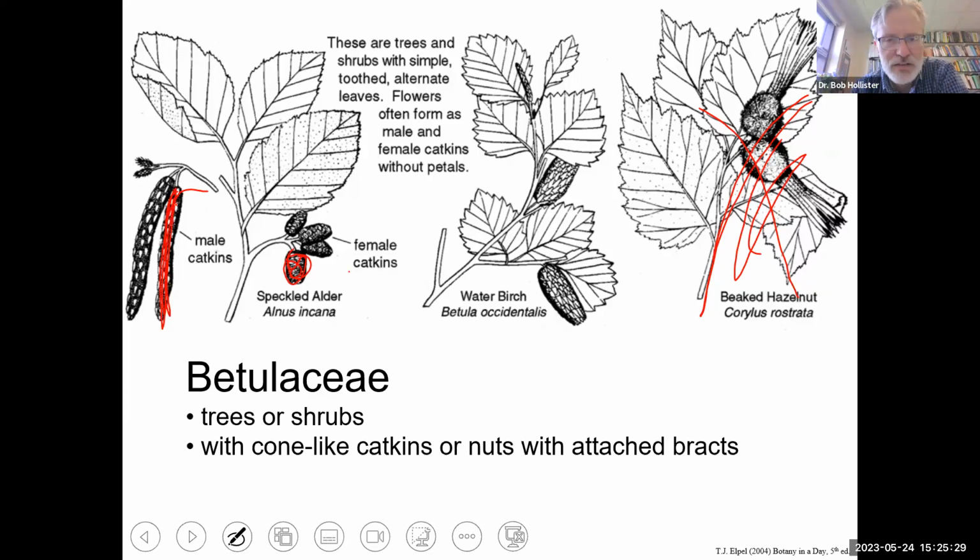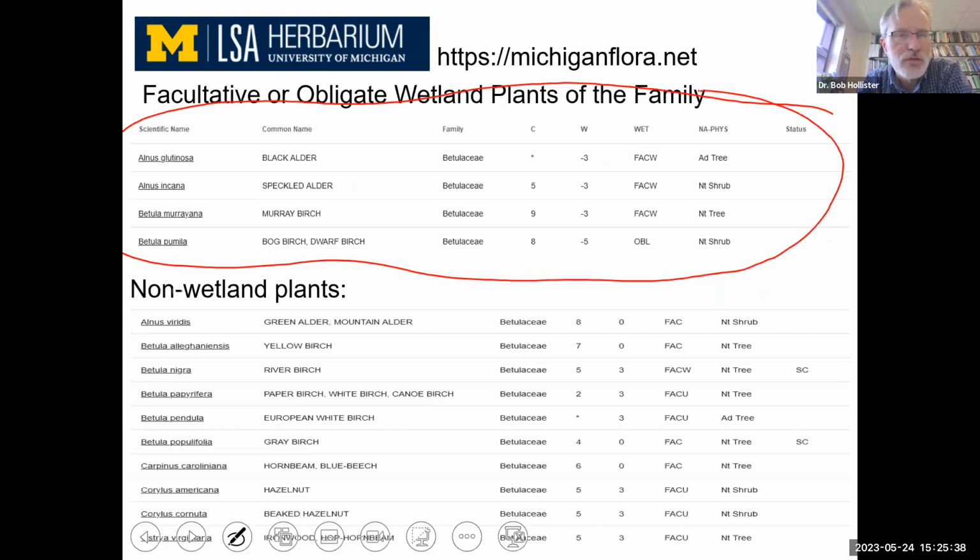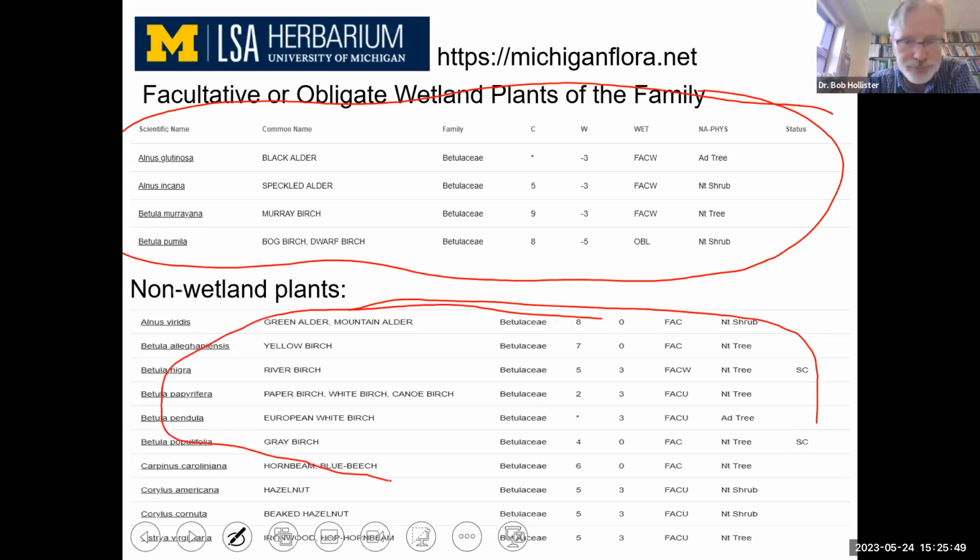That makes them pretty easy because there aren't that many woody plants that do that. So for our obligate wetland, again, there's only 4.